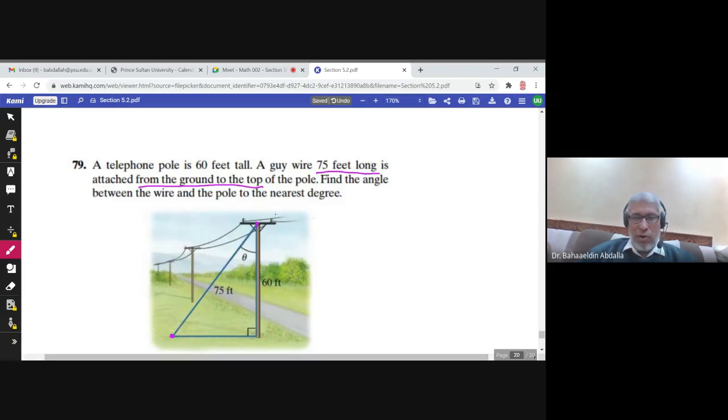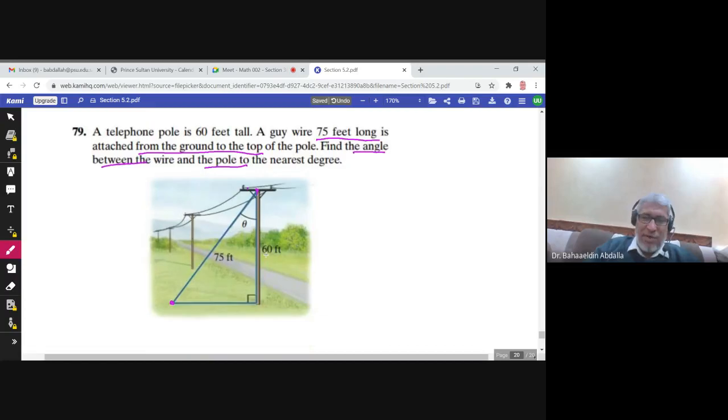I have a telephone pole which is 60 feet tall, and this is a guy wire 75 feet. And what is the question? Find the angle between the wire and the pole. So this is the wire, this is the pole. He needs this angle theta. Find the angle to the nearest degree.